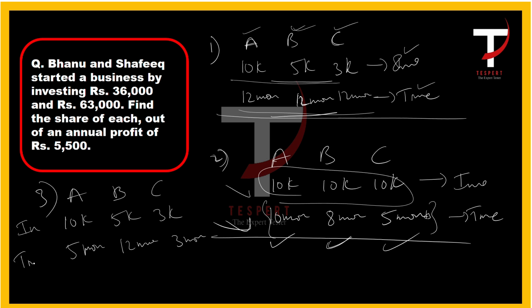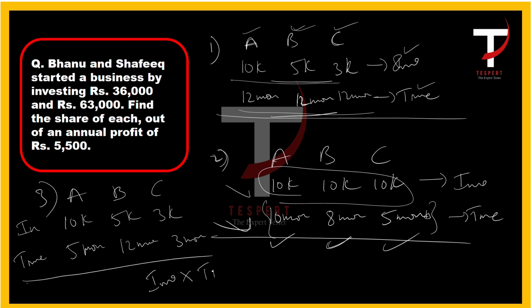In this case, what must we do in order to calculate the ratio of their shares? Here we must consider both investment as well as time. So how can we calculate? We will consider investment into time, right?